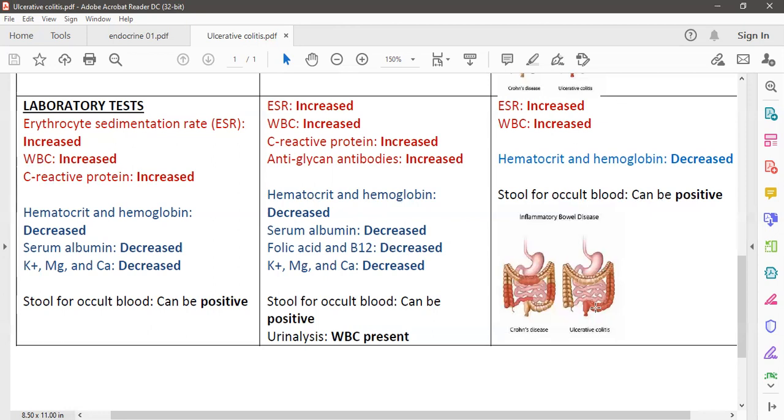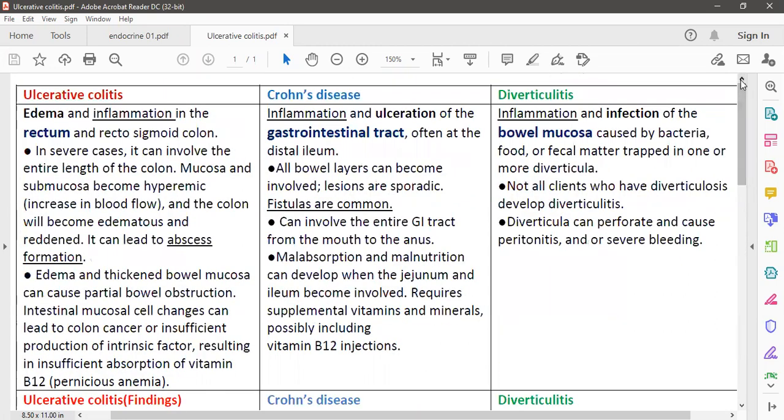So ulcerative colitis, Crohn disease, and diverticulitis all three attack our bowel, but in different locations of the bowel. Okay, let me go back here. Ulcerative colitis is the inflammation of the colon that causes continuous lesions or disease.